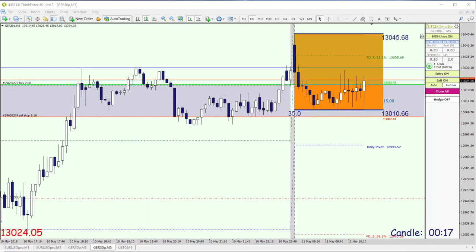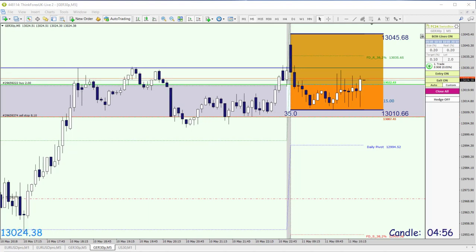Bit odd. But when you keep in mind that we have an average daily range in the DAX of approximately 100 to 120 points over the last couple of months, sooner or later you will see the push into one direction. It's just a matter of time to be patient.